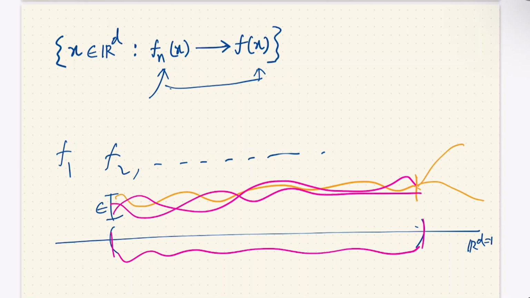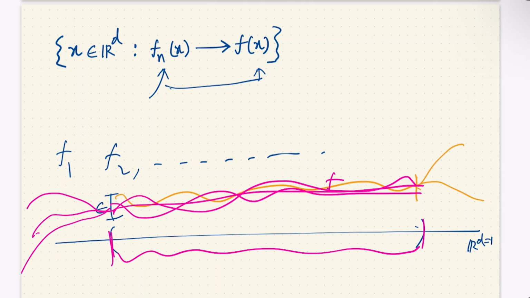That means they are converging to your particular choice of f. You don't think of what goes outside this domain. They may not behave nicely with our choice of epsilon.